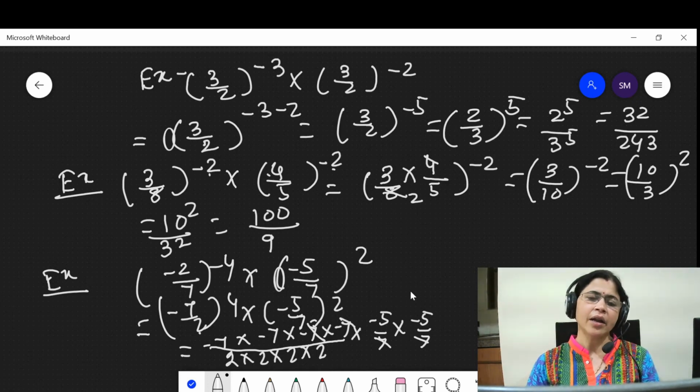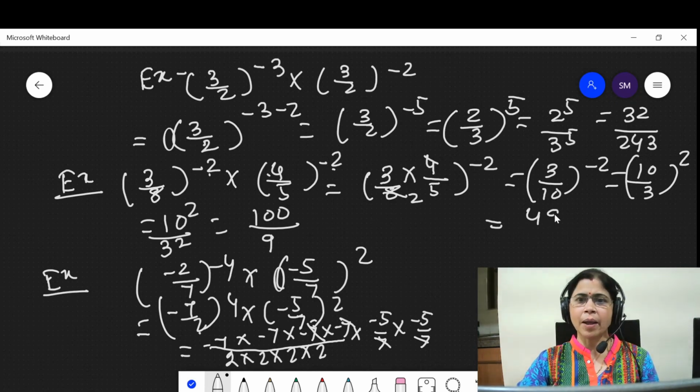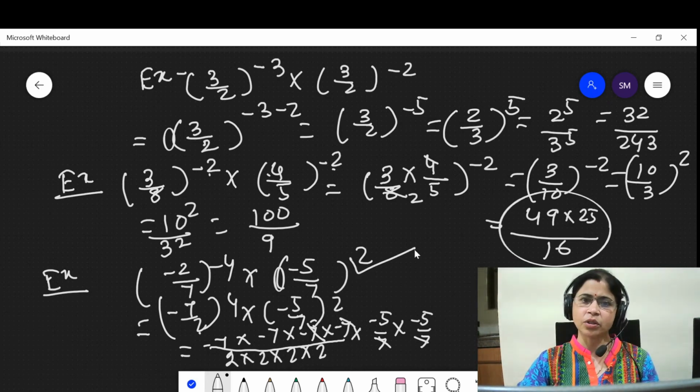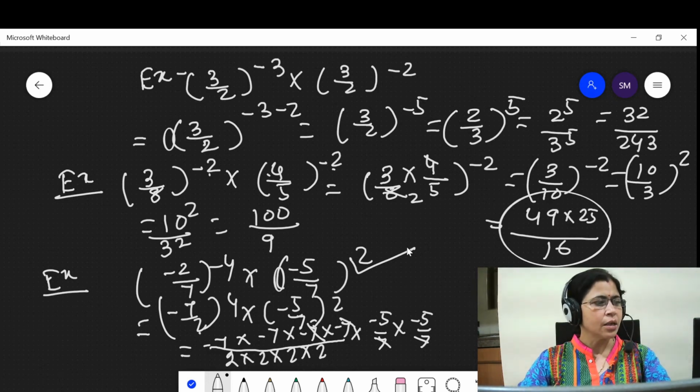When there is an even number of negative signs, we obviously get a positive result. This means 7 times 7 is 49, and 5 times 5 is 25. You multiply 49 times 25 upon 2^4, which is 16. This is the result of the given question. Okay, students, please practice a variety of questions. Now let us solve some more examples.